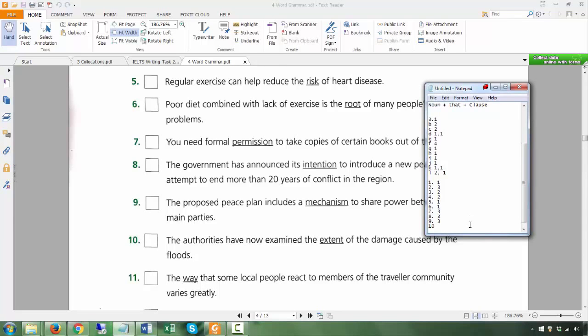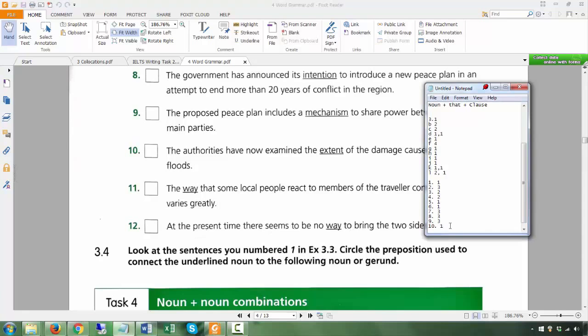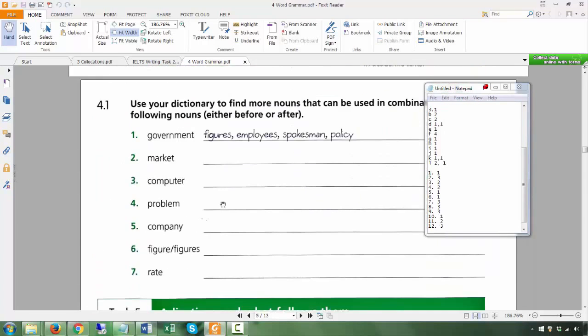10, extent of, it's a preposition, of is a preposition. 11, way that, that will be that plus clause, so it's 2. And lastly, 12, no way to bring, that will be a 2 plus base verb. Okay, so these are the patterns for these nouns, right? The same thing for this as in the previous chapter.